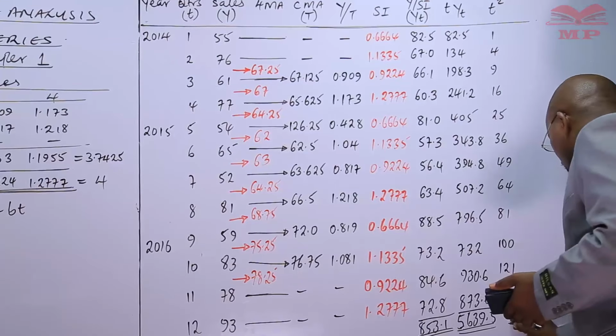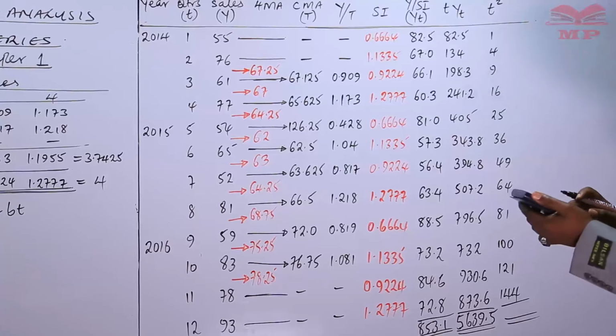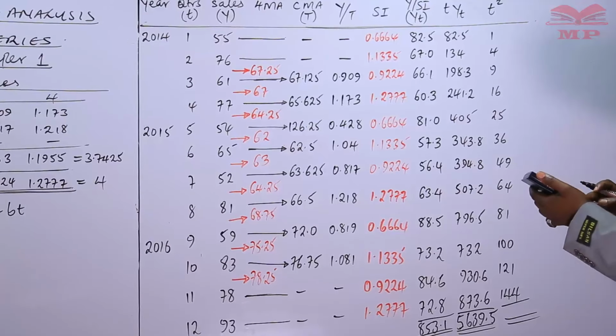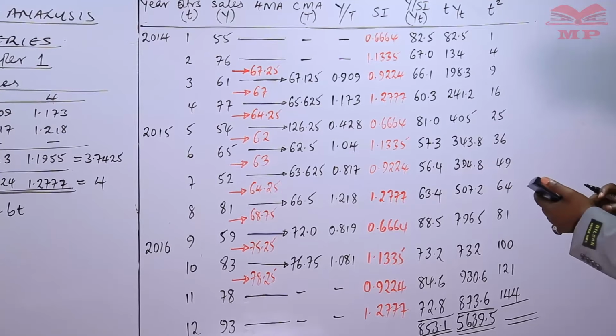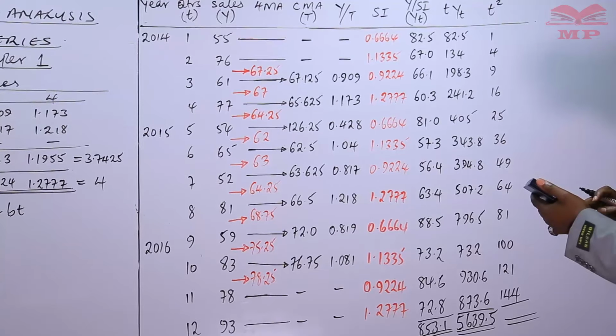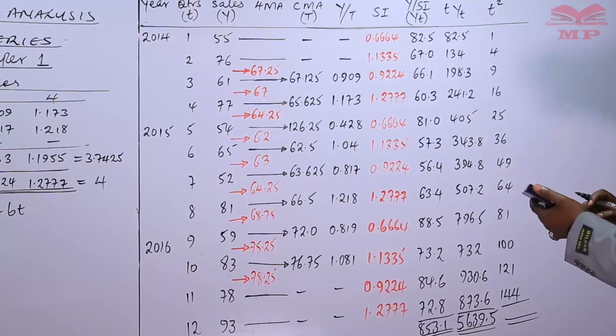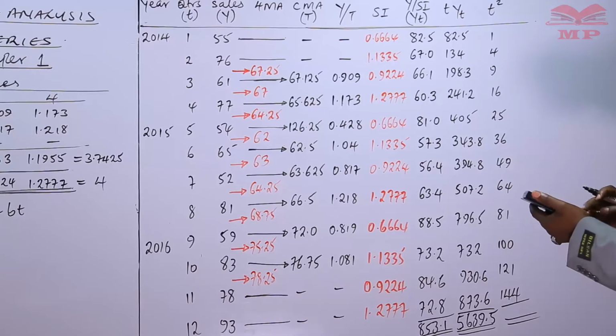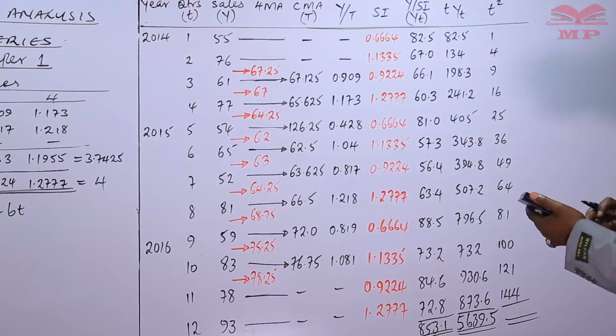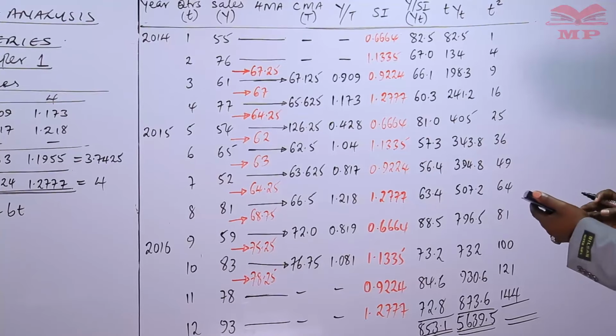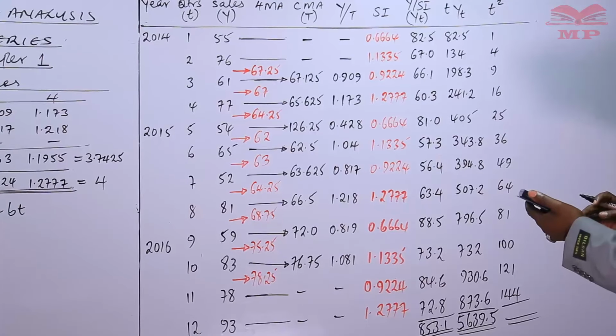Should we want to add this, we have 1 plus 4 plus 9 plus 16 plus 25 plus 36 plus 49 plus 64 plus 81 plus 100 plus 121 plus 144.